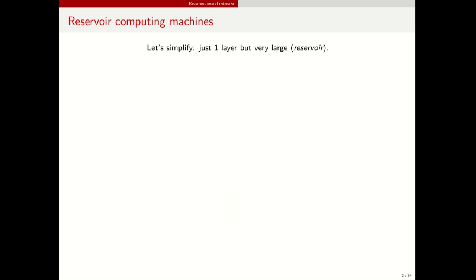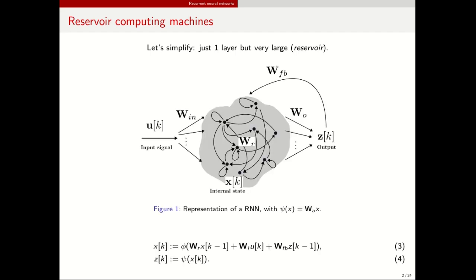So in order to move on, why not simplify the architecture of the recurrent neural network, considering just one hidden layer, but very large. Then that's called the reservoir, and here you can see an example of a reservoir computing machine.